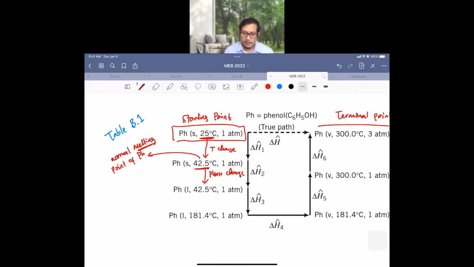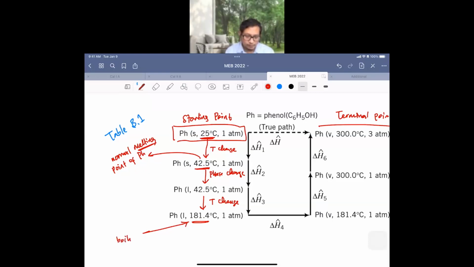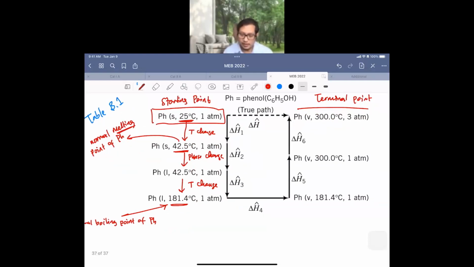Next we have another change in temperature. And what is this temperature about? This will be the boiling point of phenol, the normal boiling point. And then we take another delta H, which changes the phase, the phase change.